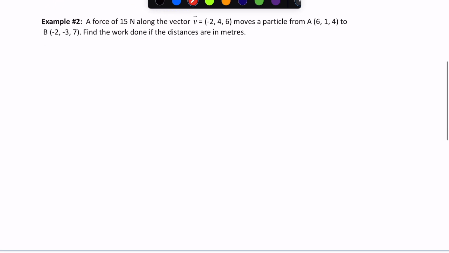So here we see that we have A, which is at (6, 1, 4), and it goes to B, which is at (-2, -3, 7). We see that the vector is (-2, 4, 6).